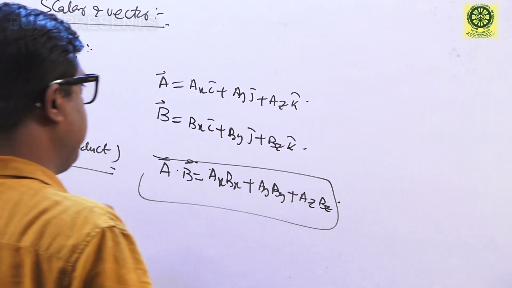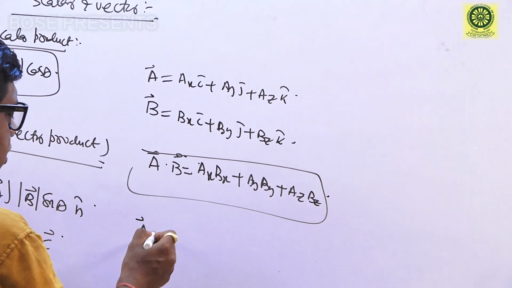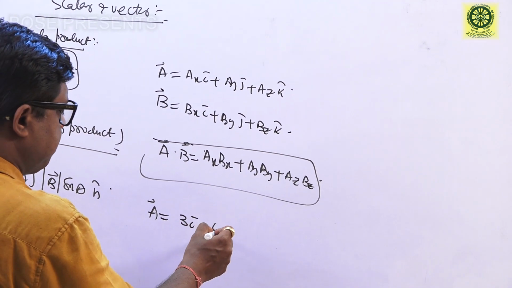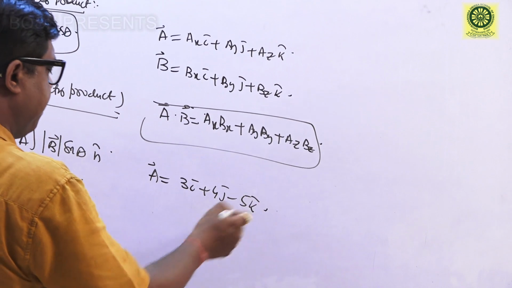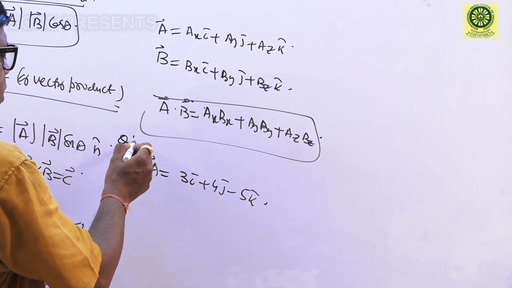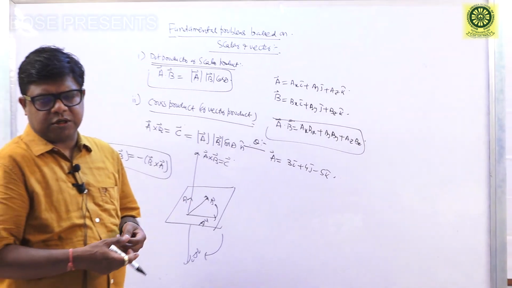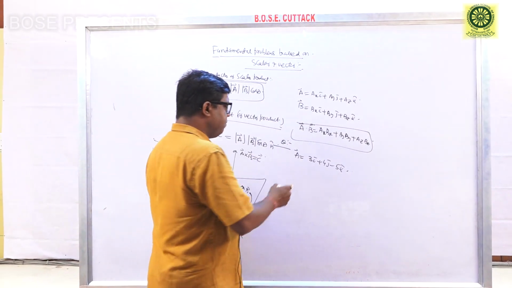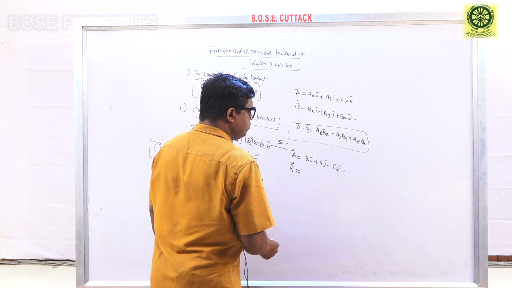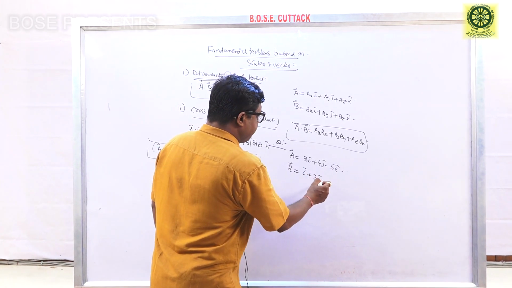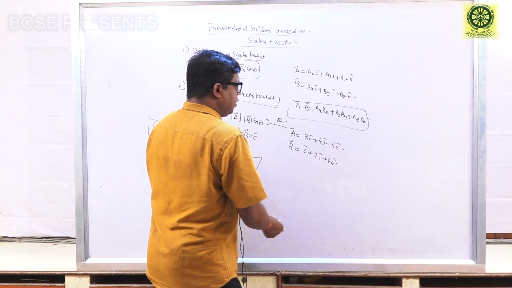For example, I am giving one example. Suppose vector A is equal to 3i cap plus 4j cap minus 5k cap. Very fundamental problem. I am giving very fundamental questions based on the dot product and cross product. And vector B is equal to i cap plus 2j cap plus 4k cap. Then what is the dot product?